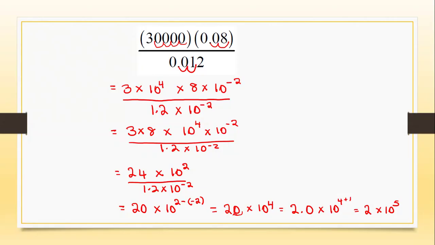But of course, you can check your answer by multiplying 3,000 times 0.08, giving me 240. This is just for check. So 3,000 times 0.08 will give us 240, divided by 0.02.